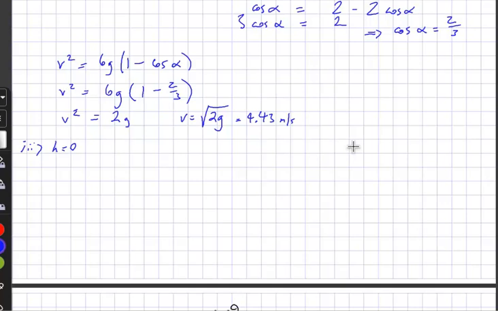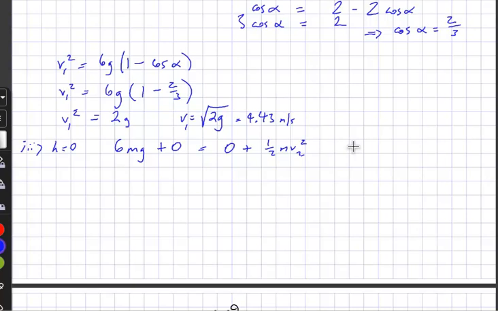So energy beforehand, right at the beginning, it was 6mg with no kinetic energy. And at the end, it has no potential energy, and all it has is kinetic energy. So this is a different v. V1 is the point where it leaves. V2 is going to be when it lands.